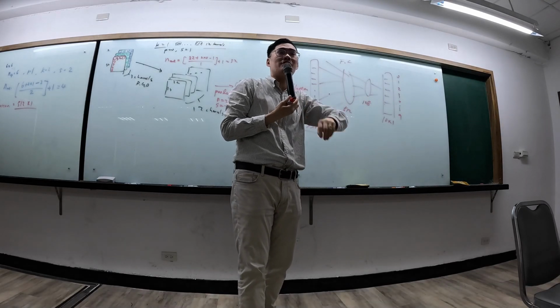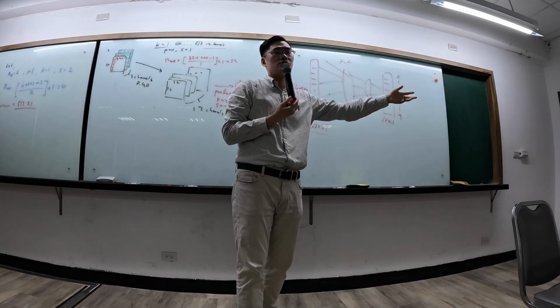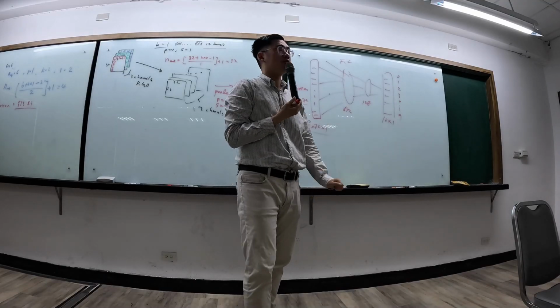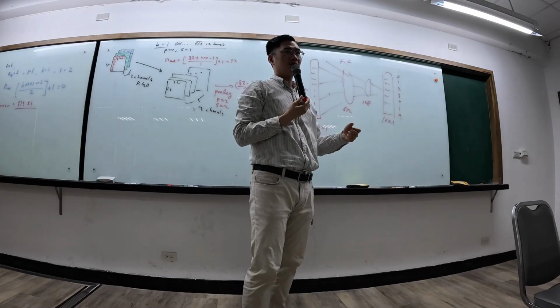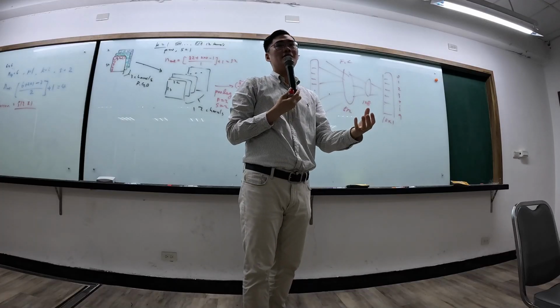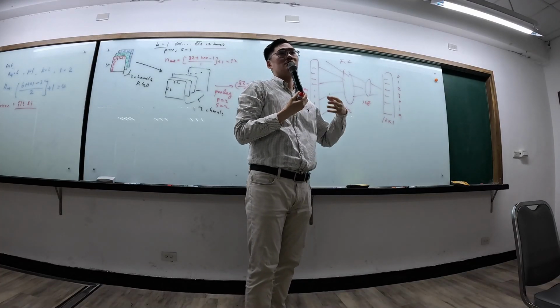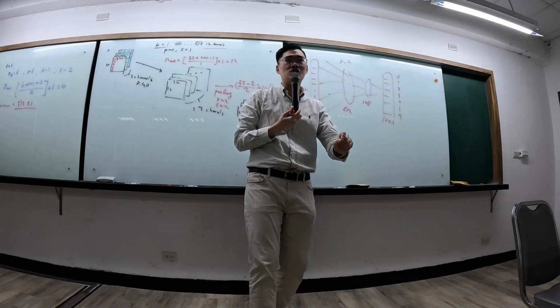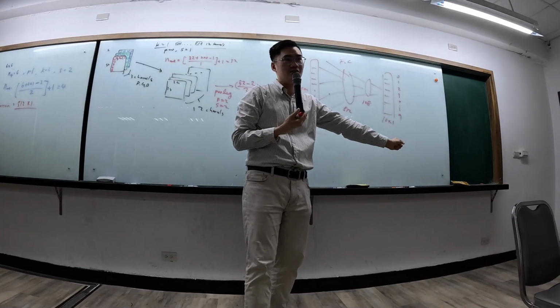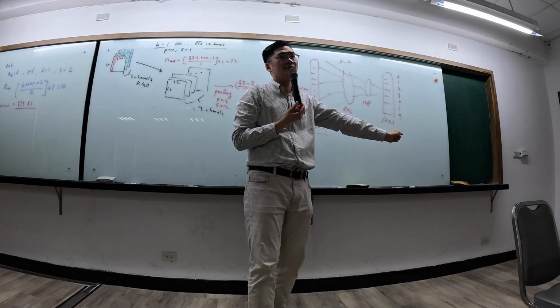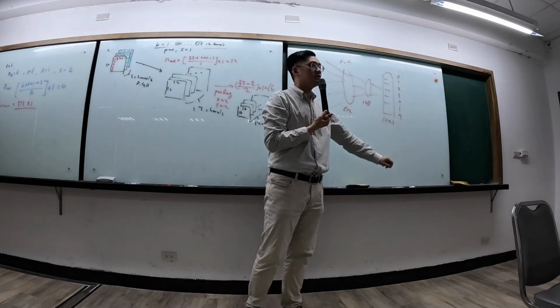So you have 10 different outputs, right? 0, 1, 2, so on and so forth to 9. So every image you input into the CNN is a handwritten digit, and the output of the CNN is trying to classify which digit that image is. Okay? So that's why you have the final output 10 by 1.